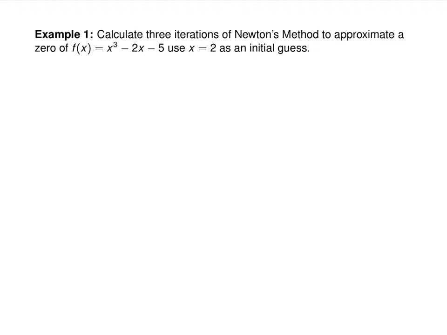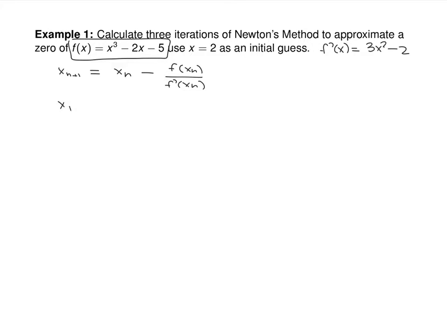Okay, so the formula is x n plus 1 is x n minus f of x n over f prime of x n. So we're going to need to use both f and f prime. So how about you go ahead and just tell me what f prime is? x squared minus 2. Okay.